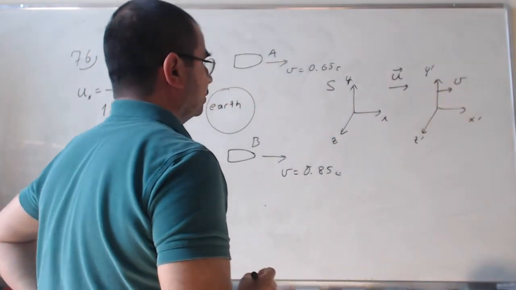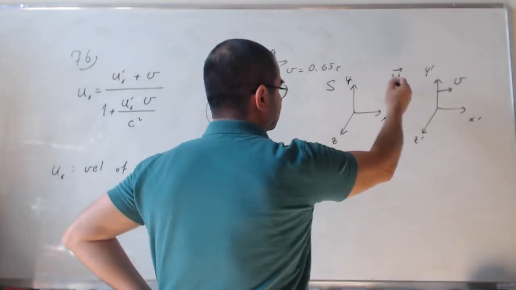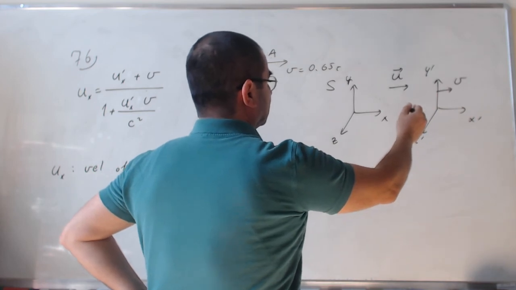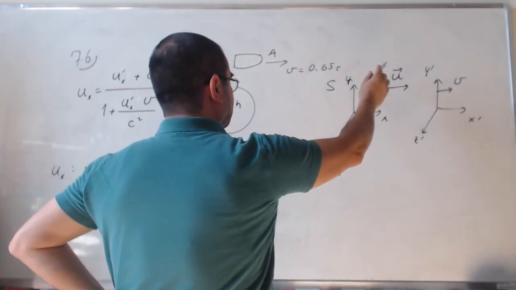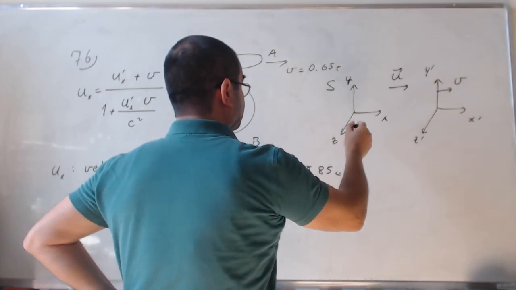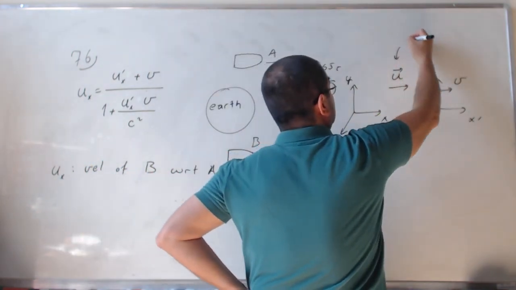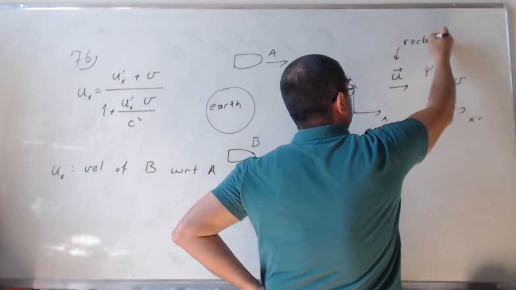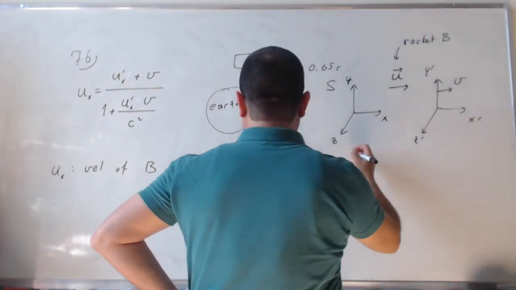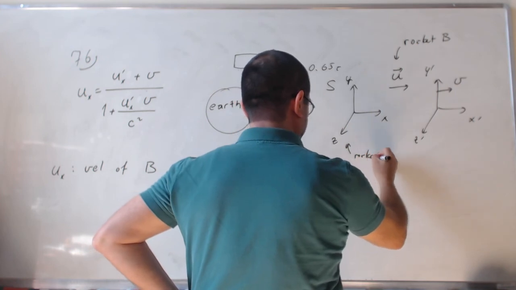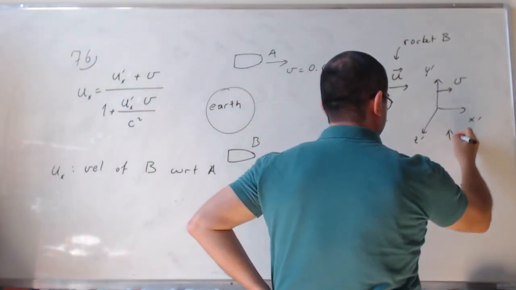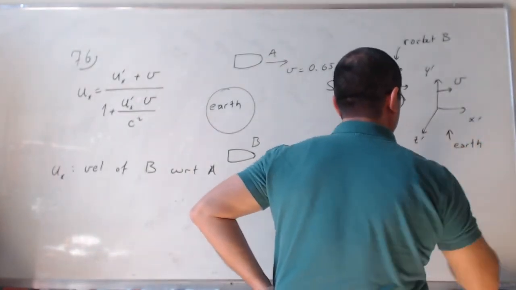So either we are measuring this with respect to S or S prime. We are saying that this u is going to be our velocity with respect to A. So I'm going to call this rocket ship B. So this is rocket B, and S prime is rocket A, and naturally this has to be Earth, right?